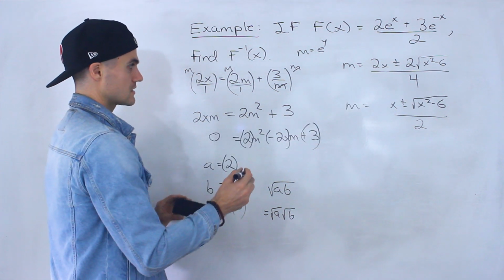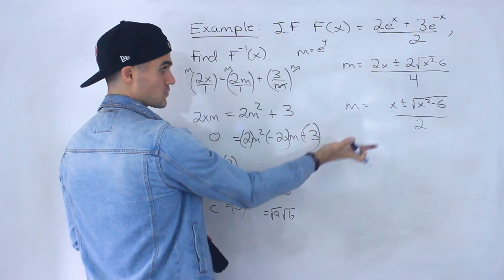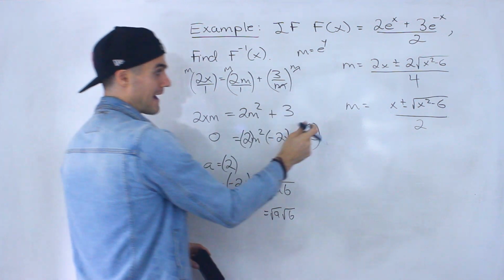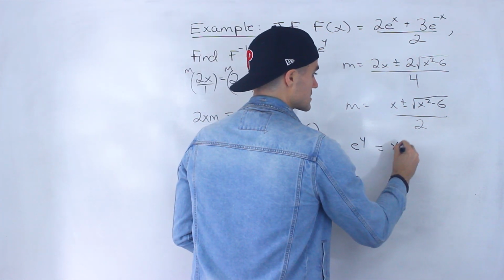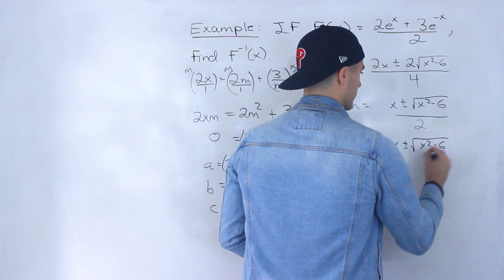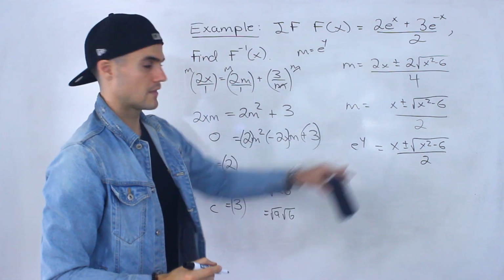Now, the thing is we're not isolating for the m. That was just within the process. We got to isolate for the y. So now at this point, what we do is we bring back that e to the y. e to the y equals this entire expression, but now we got to isolate for this y. How do we do that?